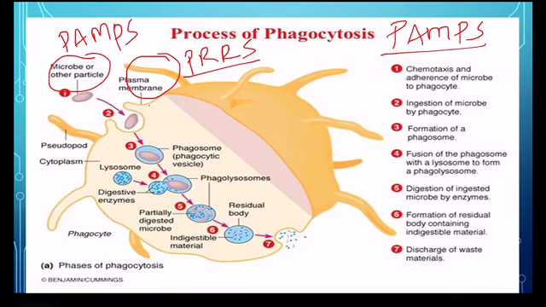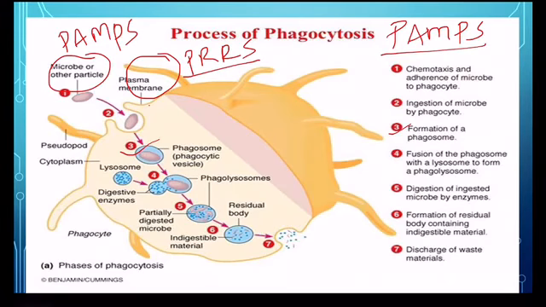Now the third step is the endocytosis process. This binding of the microbe to the phagocytes by the PRR, pattern recognition receptor, or the opsonins, activates the signaling pathway that triggers actin polymerization. This polymerization in turn results in extensions from the membrane, in the form of pseudopodia, around the microbe, and it forms a vesicular structure, the phagocytic vesicle.